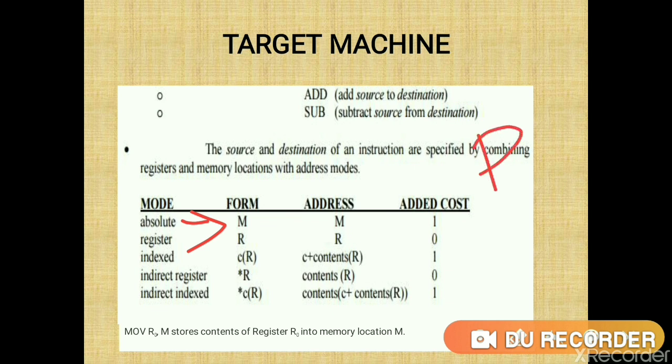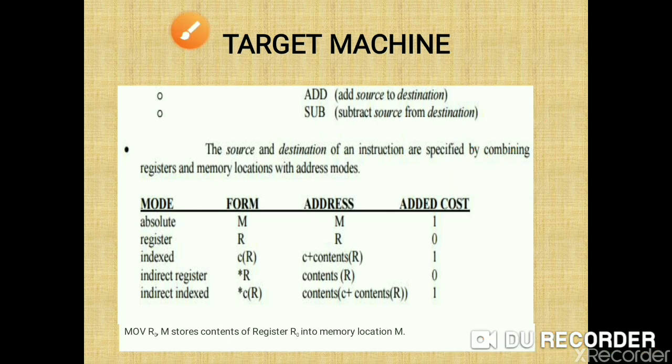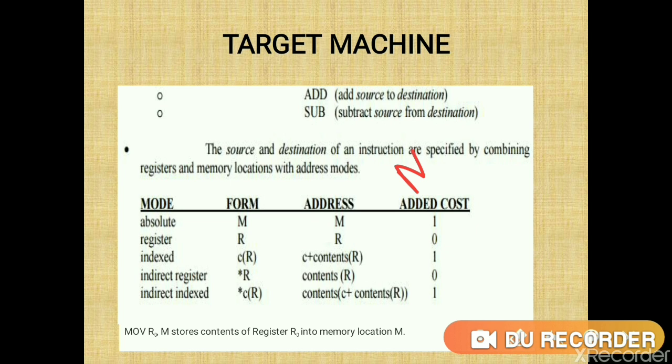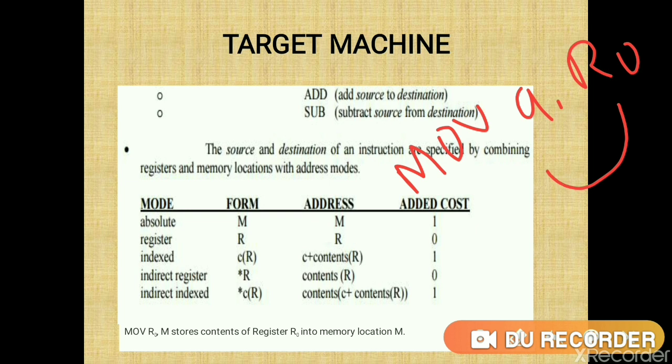So absolute addressing mode will simply use some variable name and that will give you the address. For example, if you are writing some code like this, move A comma R0, what will happen here? Whatever the content of R0, that will be moved to A.